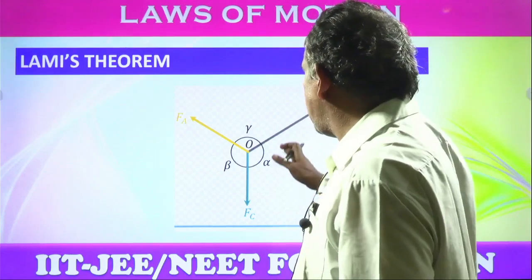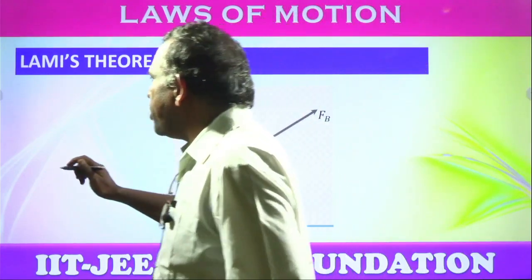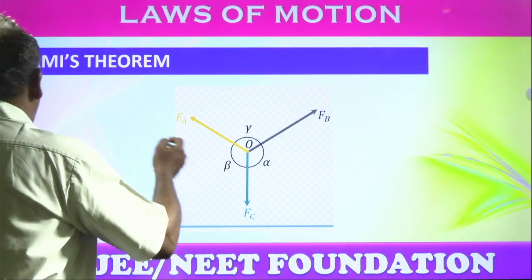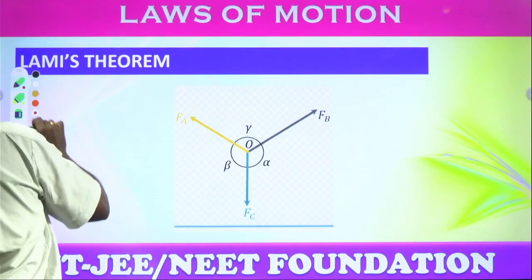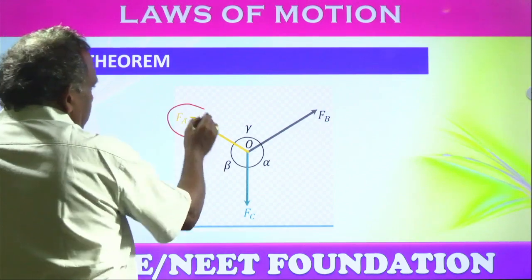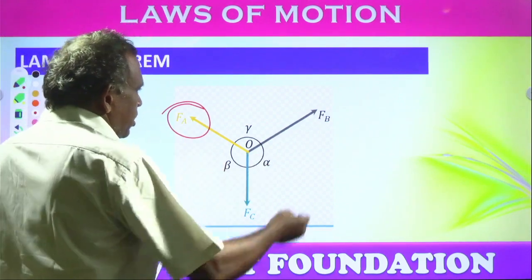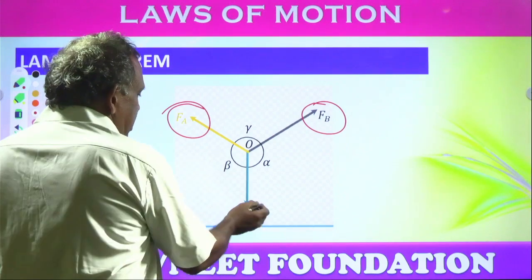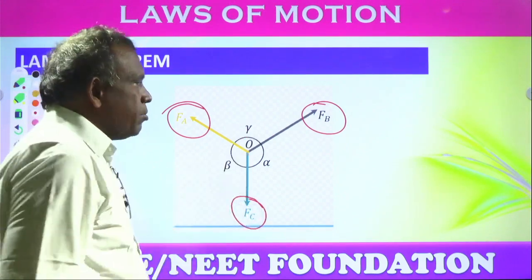In Lami's theorem, I told you there are three different forces, if you observe here. The first force, let us say Fa, is the force which is acting, and the opposite angle is alpha. Fb is another force, and the opposite angle is beta. Fc is another force, and the opposite angle is gamma.